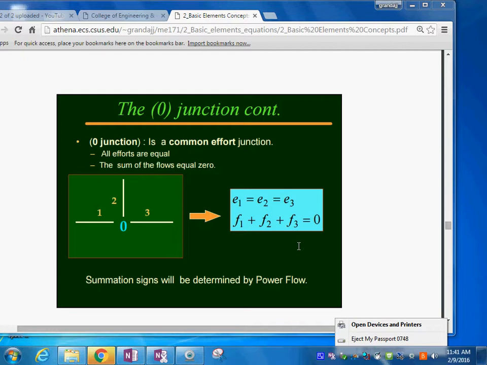You could have only one effort that sets the effort for the whole junction. Like this, in this case it was 1, in this case it is 2, and in this case it is 3.